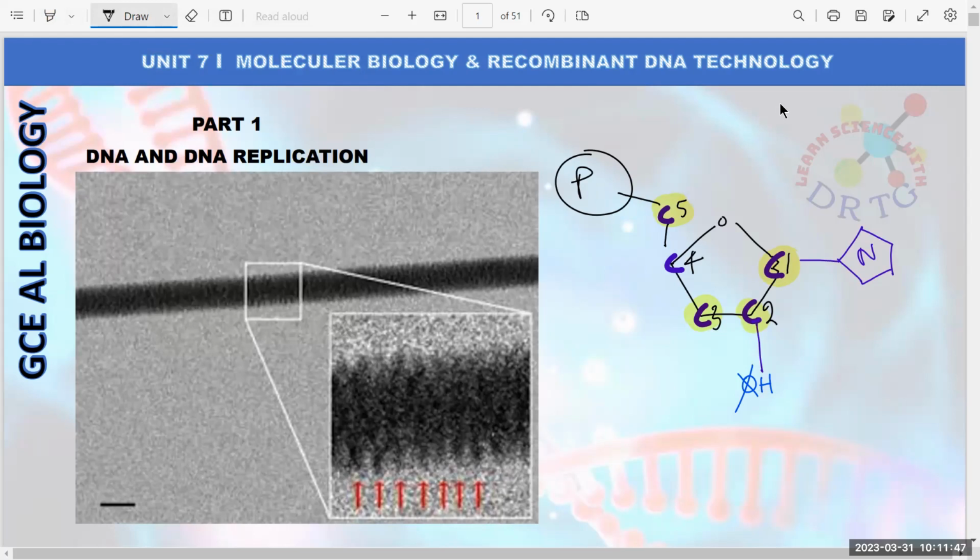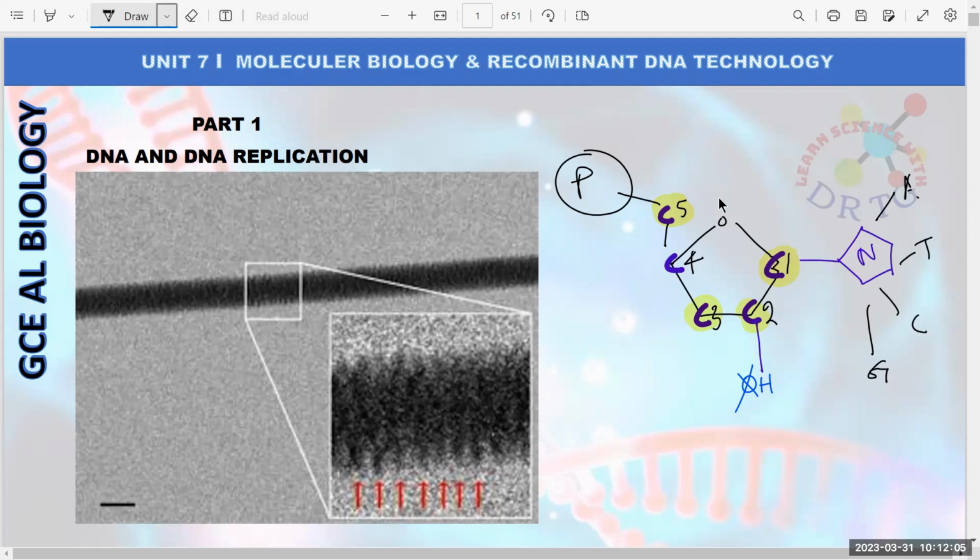And we know there are 4 nucleotides like this, as the nitrogenous base changes to adenine, cytosine, thymine, and guanine. As a result, we have adenine, thymine, cytosine, and guanine.